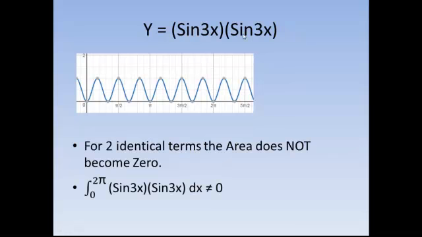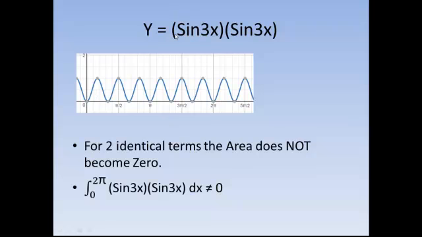Now this is another case, that is sine 3x times sine 3x. These are two identical terms, and remember, when you are multiplying two identical terms, no part of the graph is below the x-axis, hence there is no negative area, and no matter whether we are using the limit from 0 to 2 pi or whatever limit we are using, the integration is not going to be 0 here, because the area is not going to be cancelled out.